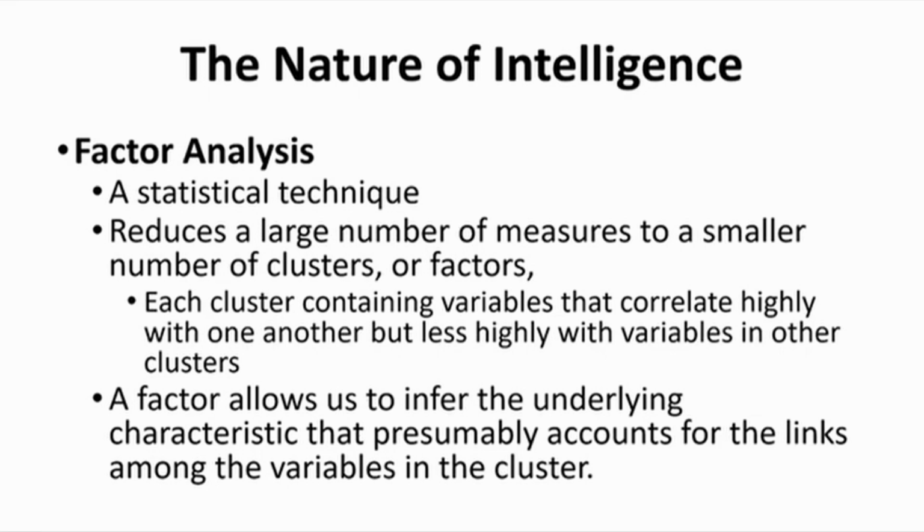And then you can start looking at these clusters of correlated tests. And so say that we have a lot of tests that correlate highly together, we'd say that they're all related to the same mental ability, and any tests that don't correlate with that group, with that cluster, are going to be testing some other mental ability. Maybe instead of testing verbal skills, they're testing spatial sense.